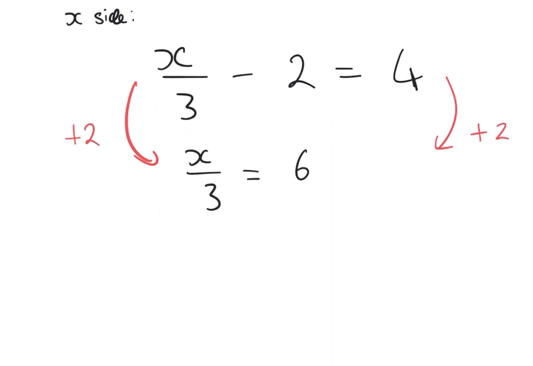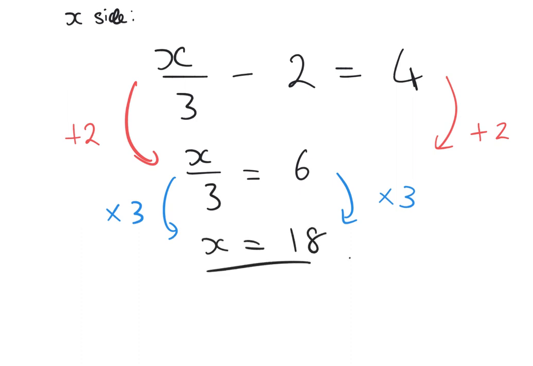And our final step, at the moment we're dividing by 3. So to get rid of that, we will multiply by 3. So x is equal to 18. Job done. Okay, and they are all the types of 1 and 2 step equations you're likely to see. Okay, if you're sitting GCSE.